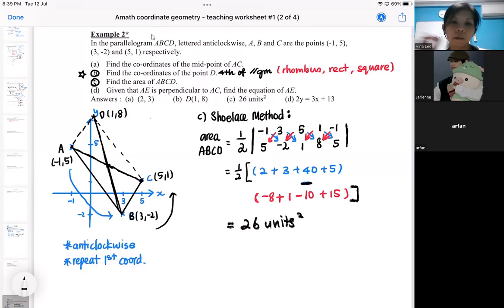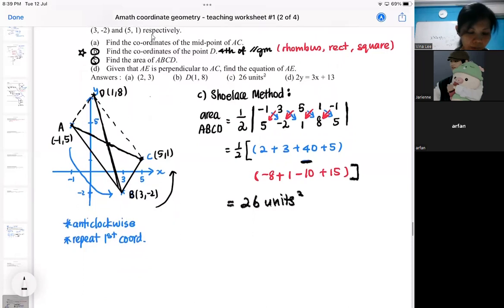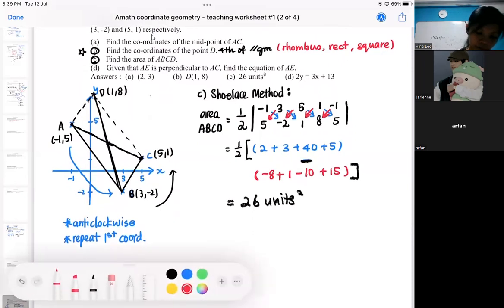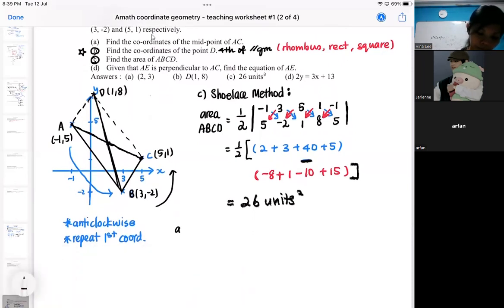If you can get this right, some students can also do it another way, which I'm going to write down, then you can try. So Jaren, you can take a look first. Another student may tell me, I don't want to start from coordinate A. Maybe the other student will say, I want to start from coordinate B. So the other student starts from coordinate B, but still goes anti-clockwise.